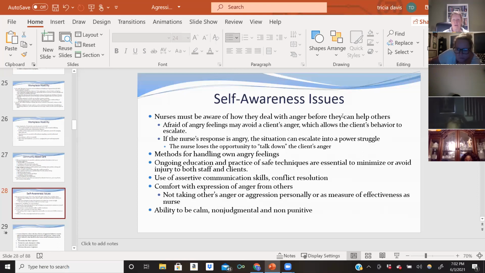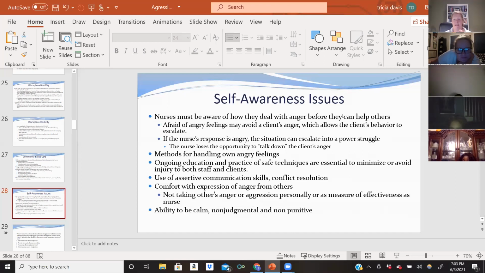So if we're uncomfortable with anger, that's going to be communicated on a subconscious level to our patient, and things can escalate. If our response to patients is to respond with anger, then obviously that situation is going to escalate into a power struggle. The nurse then loses that opportunity to be able to talk down the client's anger.